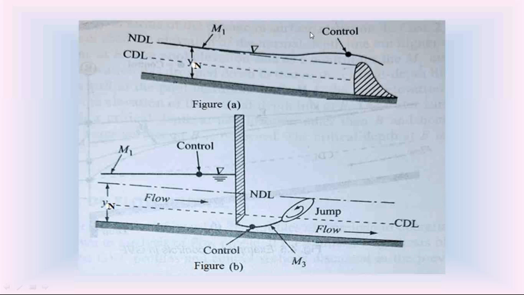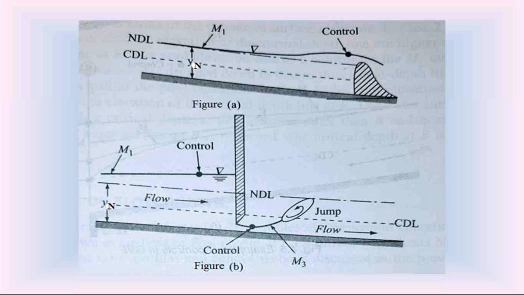Calculate the velocity of flow at section 2 by knowing the wetted area and the discharge Q. You know the depth of flow Y2 and the velocity, so find out the specific energy at section 2, which is the depth of flow Y plus V square by 2g.